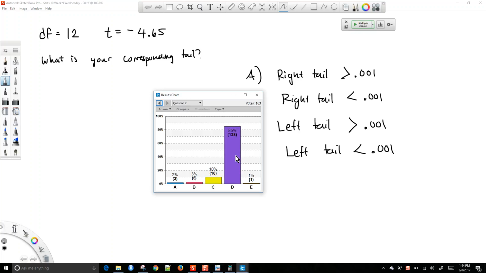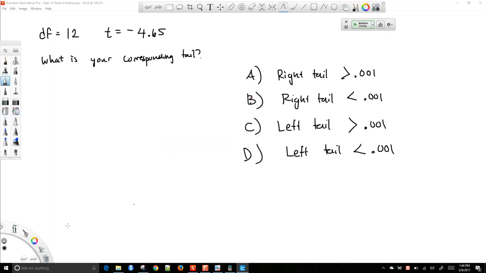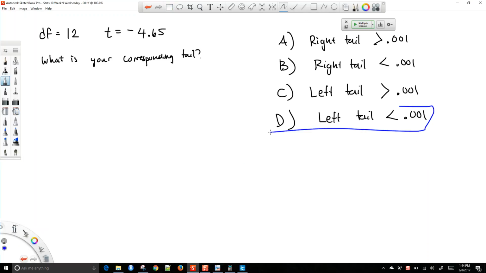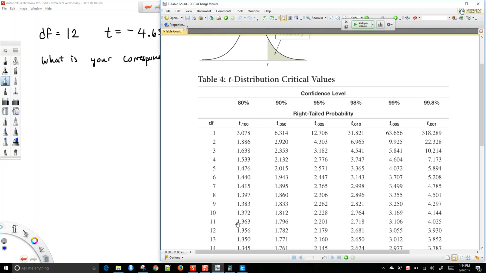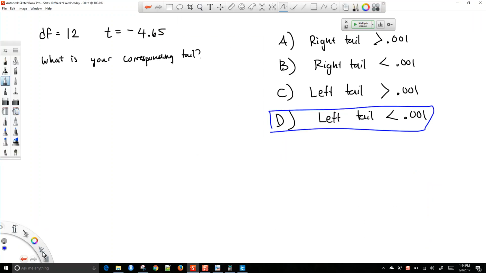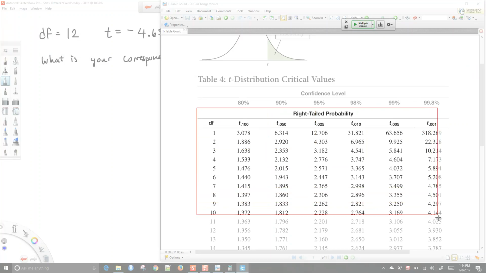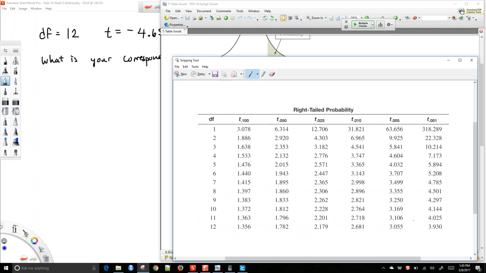Okay, most of you got it, but some of us got it wrong. So let's take a look here. All right, so the correct answer is left tail is less than 0.001. Let's see why this is the case. We're going to the row with 12 degrees of freedom.